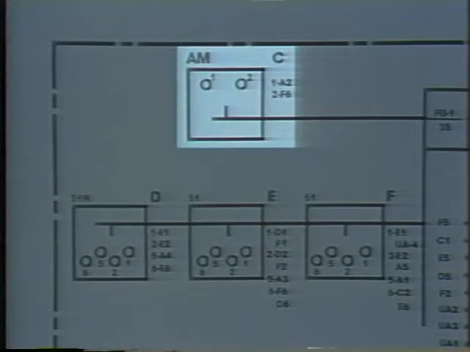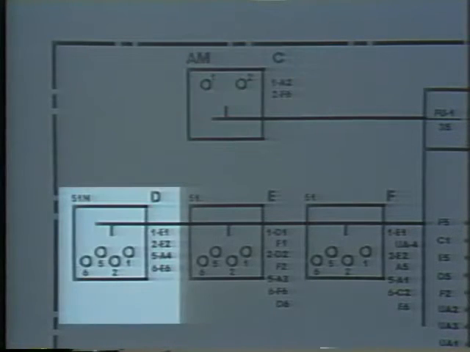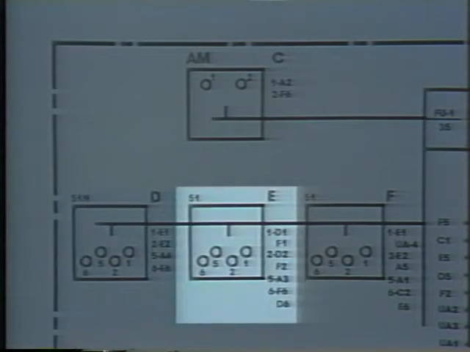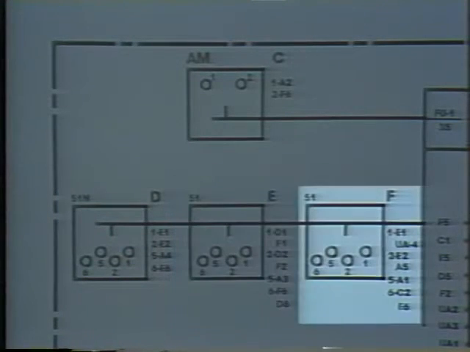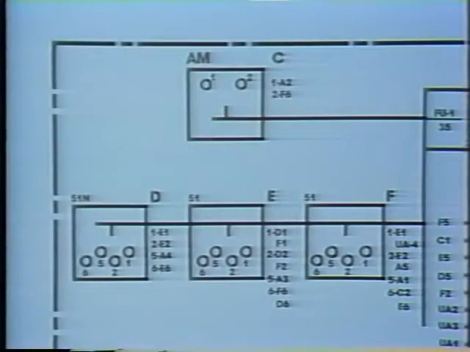Component C is identified by the standard diagram abbreviation AM. AM represents an ammeter. Components D, E, and F are assigned device function number 51. Number 51 identifies an AC time overcurrent relay.